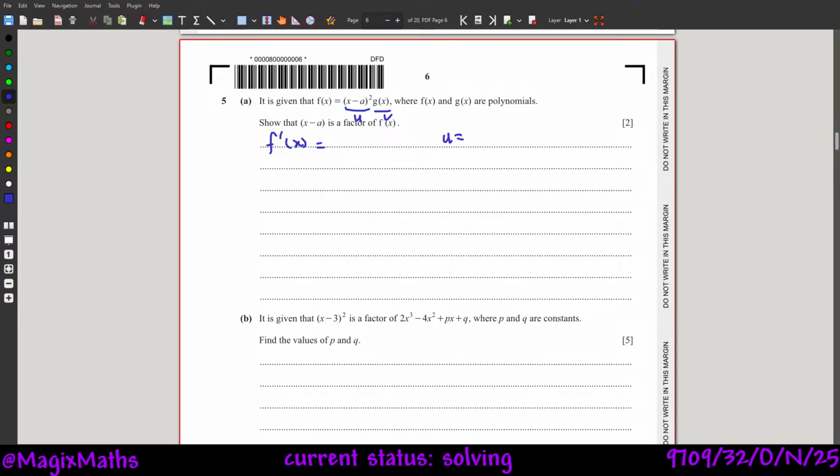So u is equal to x minus a squared. u prime is equal to 2 times x minus a times 1, but let's just leave it at that. And then v is g(x), and v prime is g prime x.